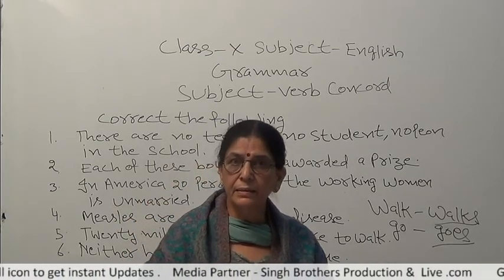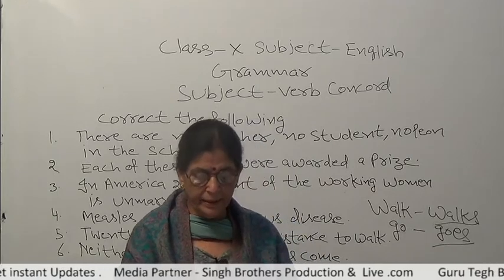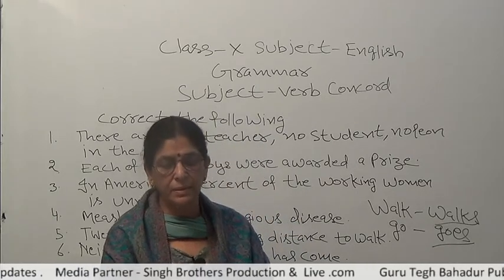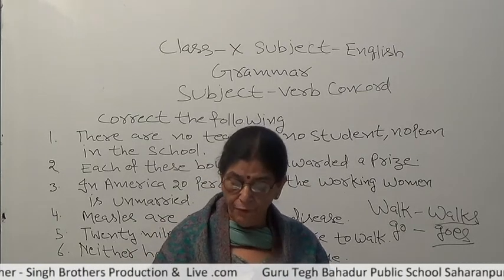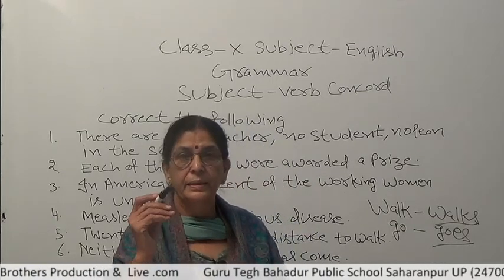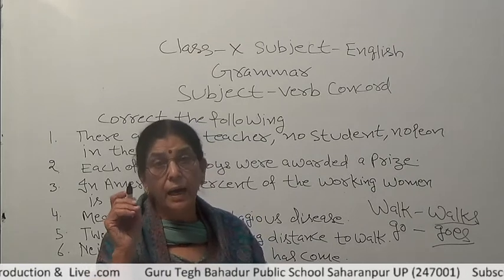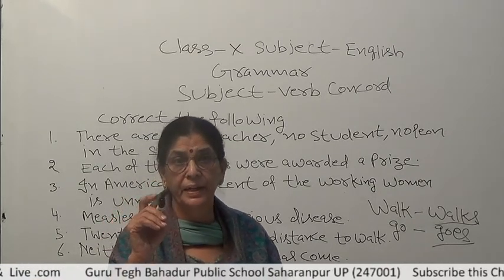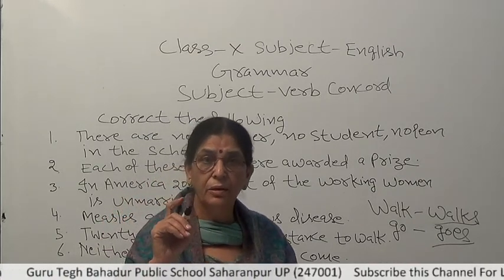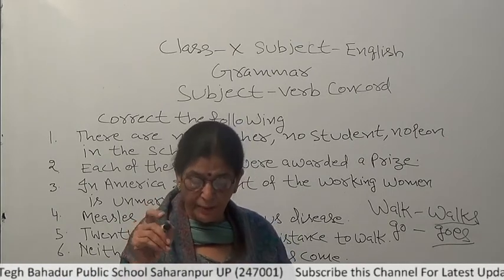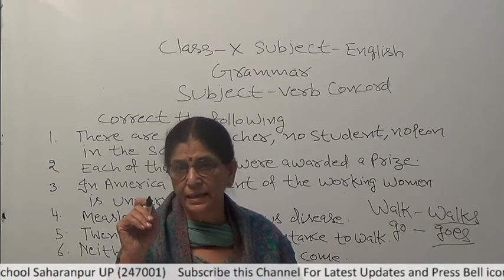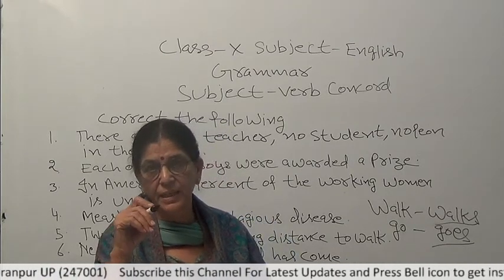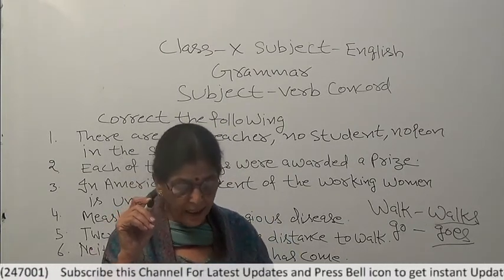The next thing which you have to keep in mind is that words such as audience, crowd, group, family take a singular or a plural verb depending on the sense of a sentence, whether these words are giving the sense of singular or plural.